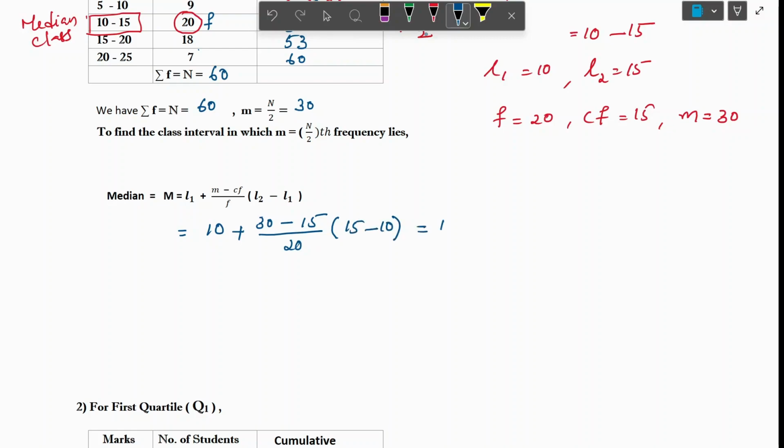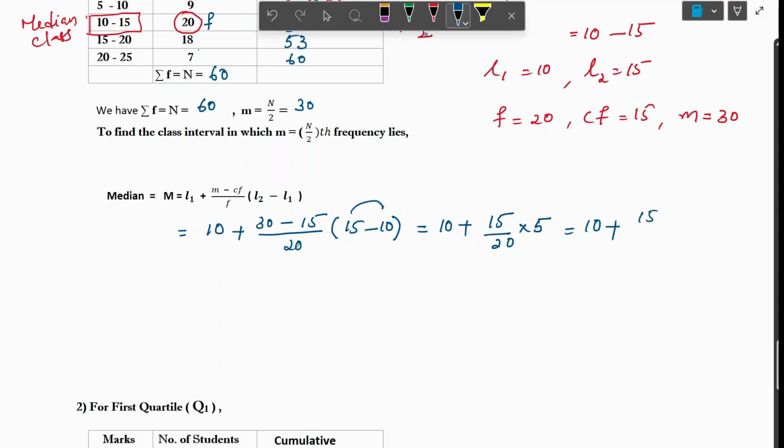So that is equal to 10 plus (30 minus 15). I am calculating, that is 15 here divided by 20, and 15 minus 10 is 5. Therefore, this is equal to 10 plus 15 into 5 divided by 20.